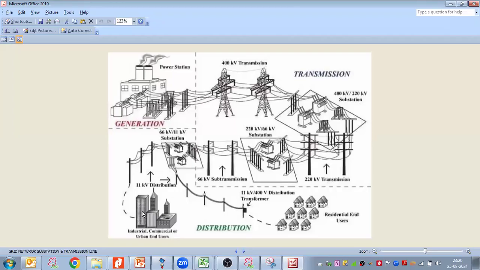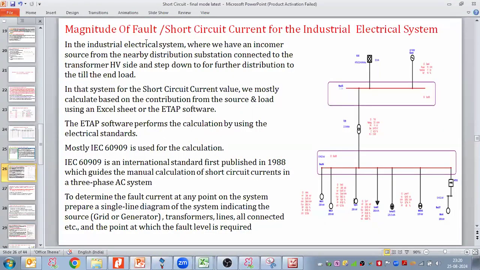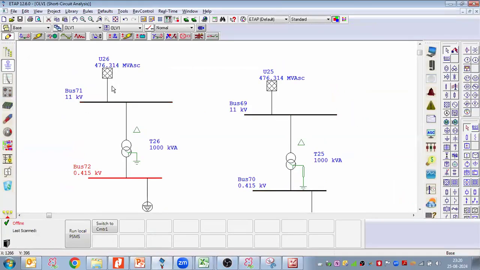That will further distribute to all the industrial or commercial loads. So when we are working on that kind of electrical project, in that industrial electrical system where we have an incomer from the nearby distribution substation connected to the transformer, the incomer we represent as a grid.